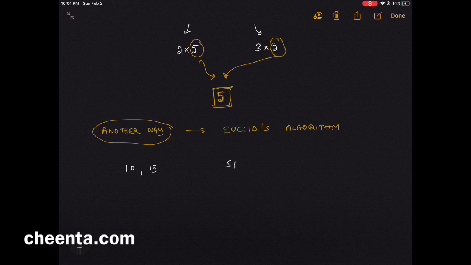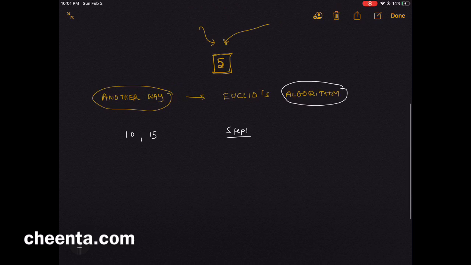Step 1, so it's an algorithm, so there will be step-by-step instructions of how to do this. Step 1 will be: take the larger number, so pick the larger number. In this case, this one is 15, so the larger number is 15.